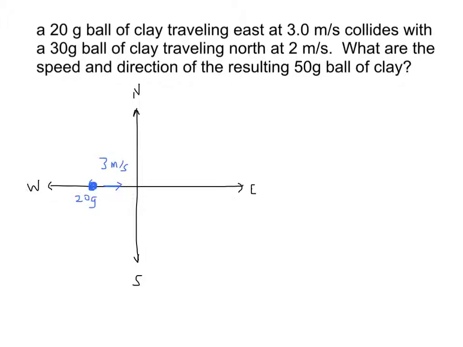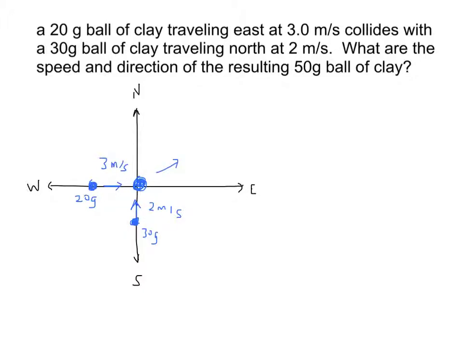I've got another ball that is traveling north, in this direction, and this one is 30 grams, traveling at 2 meters per second. We are guessing that there's a collision that happens, let's say right here, and it clumps into another ball that magically travels, I don't know, some direction like this.